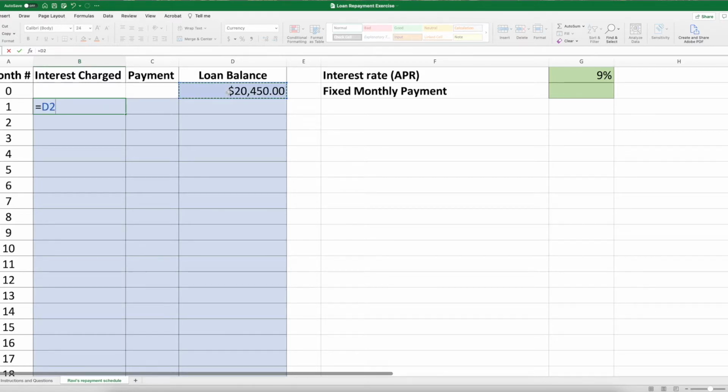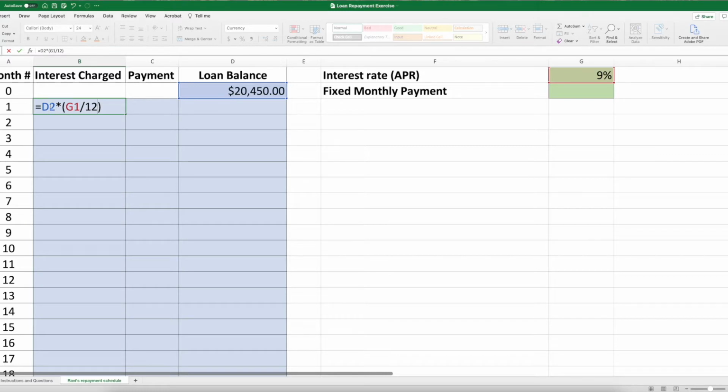And then I'll multiply it by the monthly interest rate. Now, the monthly interest rate is going to be an expression. It's going to be the annual interest rate divided by 12, right? So what is the annual interest rate? Well, 9%. And I'm going to enter that by referring to the cell that contains the annual interest rate, which is cell G1. And I'm going to divide that by 12. So the expression in the parentheses here is the monthly interest rate.